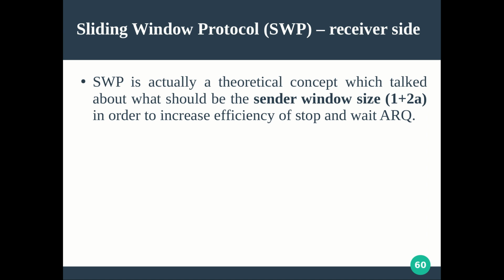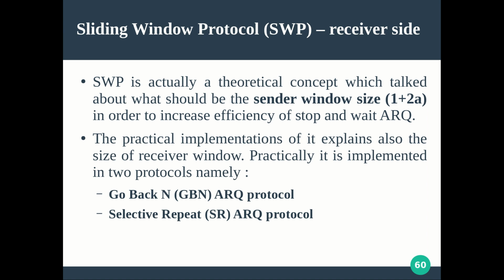But when it comes to practical implementation, we have to consider the receiver window also. The practical implementation of the sliding window protocol also explains the size of the receiver window, and the efficiency related problems vary accordingly. Practically it is implemented in two protocols, mainly Go Back N ARQ and Selective Repeat ARQ.